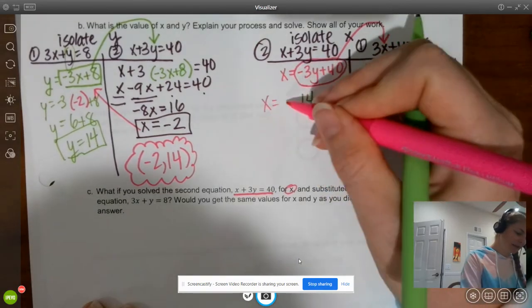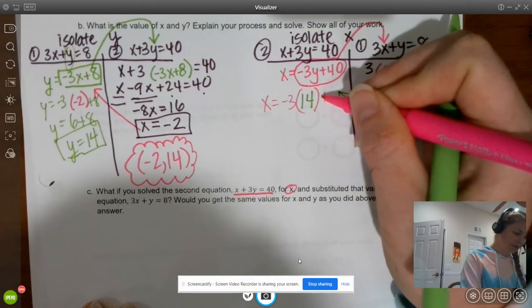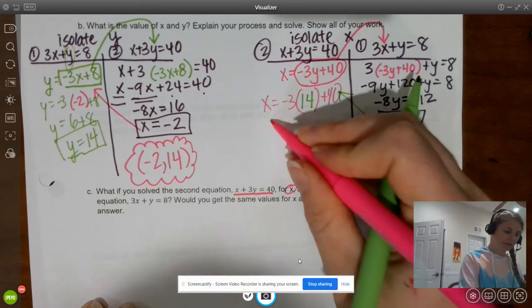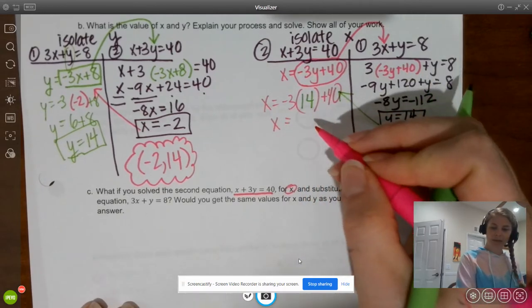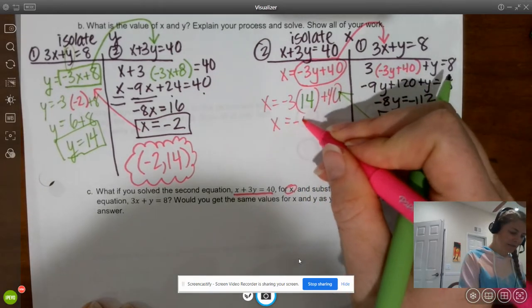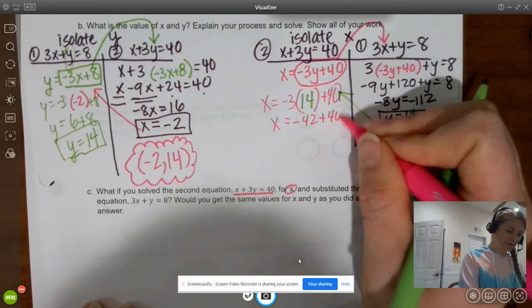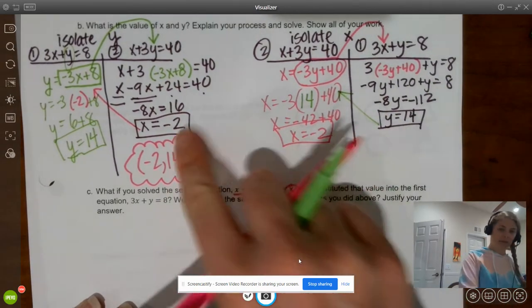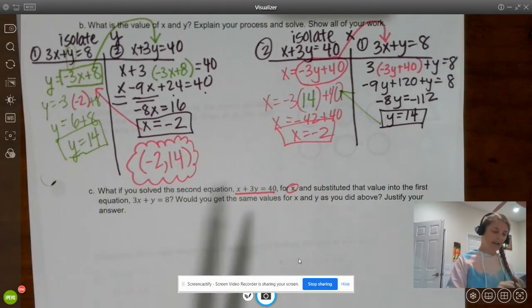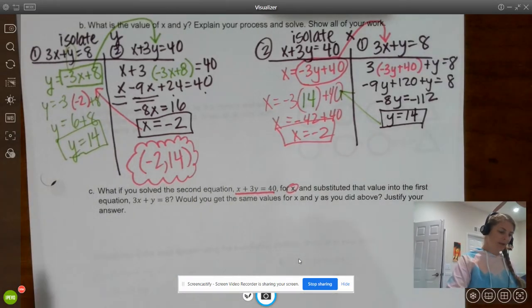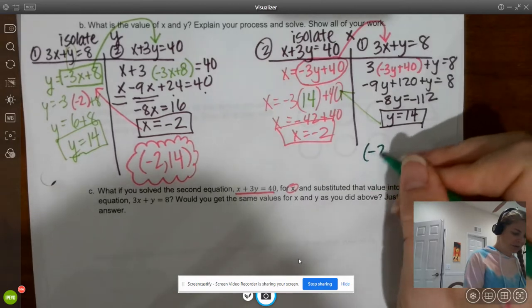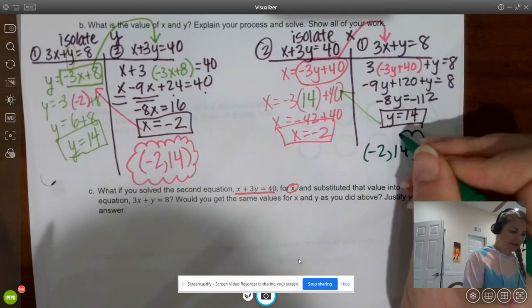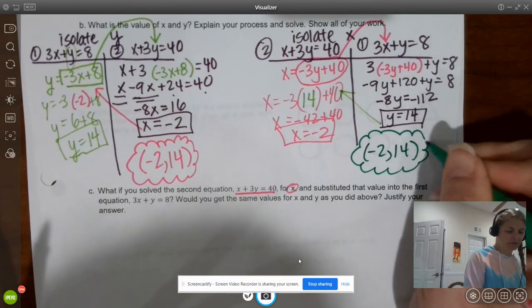So now we have x equals negative 3 times 14 plus 40. X equals negative 3 times 14 is negative 42 plus 40. X is negative 2. Are we surprised? No, because that's what we got over there. But you're not done yet. Remember your last step. Write your answer as an ordered pair and give it some flair.